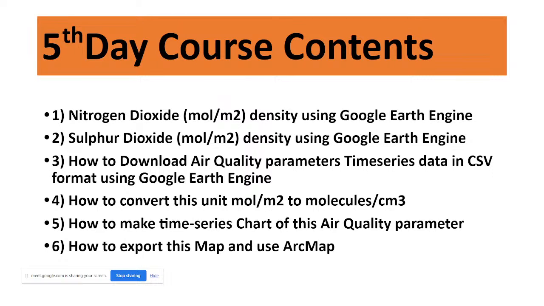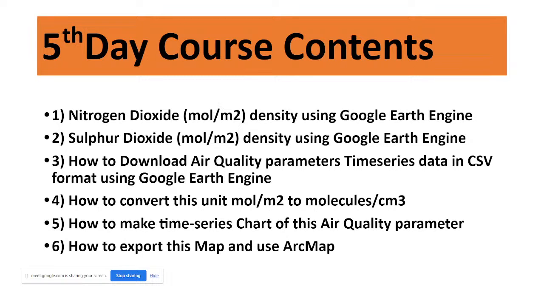After that, how to download the air quality parameters time series data in CSV or Excel file format, and how to convert the unit from mole per meter square to molecule per centimeter cube, as well as how to make the time series chart of these air quality parameters, and finally how to export this map and use it in ArcMap software. I will also show how we can calculate, for any particular time period, how much nitrogen dioxide or carbon monoxide gas is emitted.